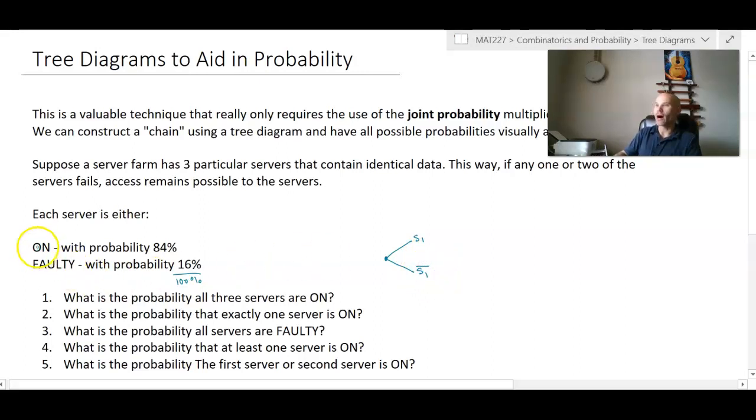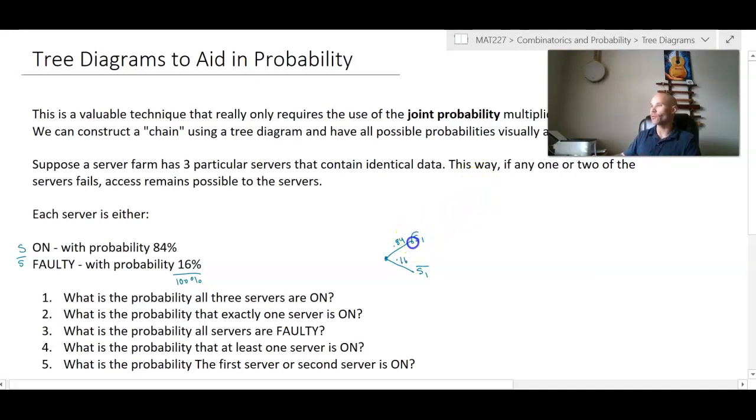Okay, so on will be indicated by an S, and faulty will be indicated by S bar, with the subscript of which server we're talking about. So server 1 could be either on or faulty. So what I'm going to label on the branches is the probability of that event. This one's 0.16. Now, that's just for server 1.